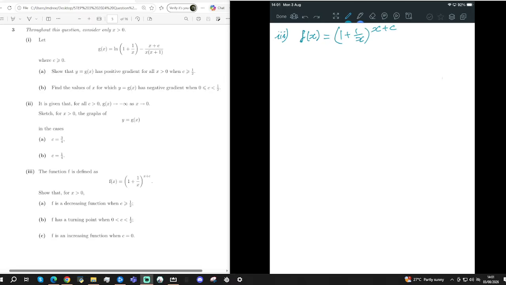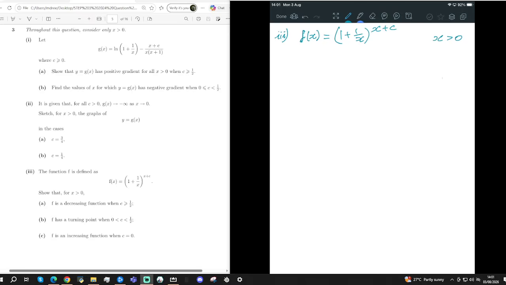So let's see if we can do this. Maybe we can link some of the ideas that we had with the g with this f. We are now trying to show, again just for x positive, that f is decreasing when c is bigger than a half. Okay, well that was backwards from what g was. g was increasing in that region. f has a turning point when c is between those points, and f is increasing when c is 0.